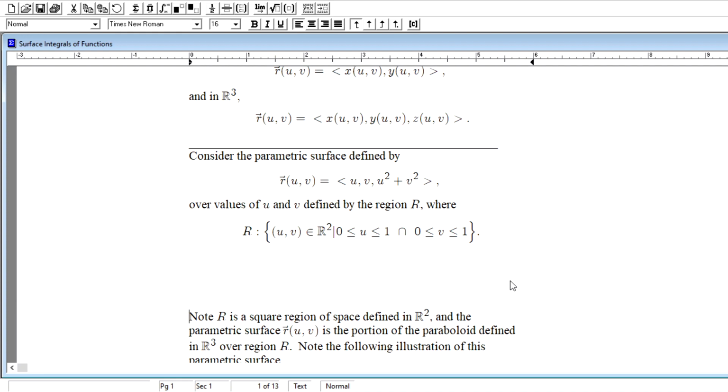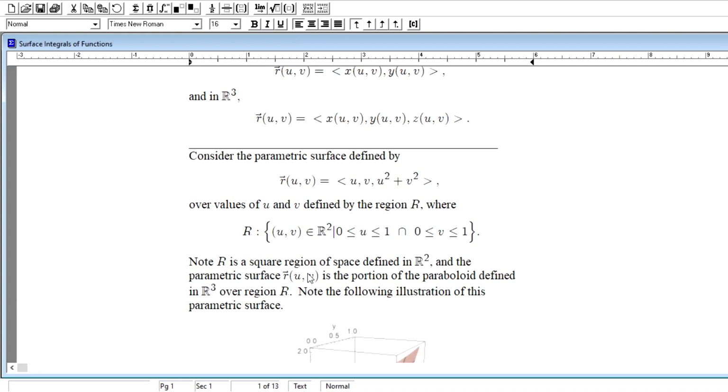All right, note R, as we have said, is a square region in 2-dimensional space, and the parametric surface is actually a portion of the paraboloid defined in R3 over region R, where our location for x and our location for y will be very similar to our locations for u and v. In fact, u is equal to x and v is equal to y.